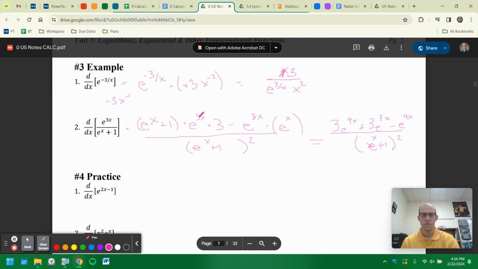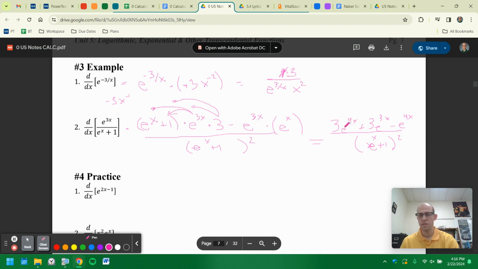We can go ahead and distribute this inside of the parentheses as well as the 3 if we wanted to see if anything will reduce. And we get 3e to the 4x plus 3e to the 3x minus e to the 4x, still over our same denominator.